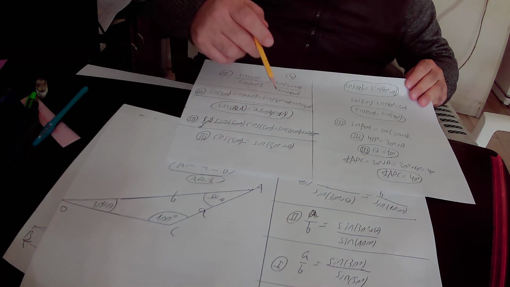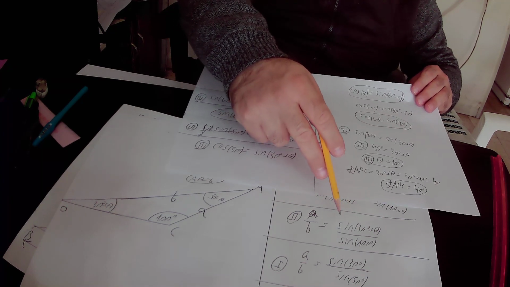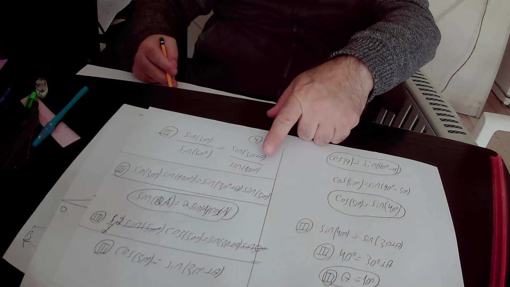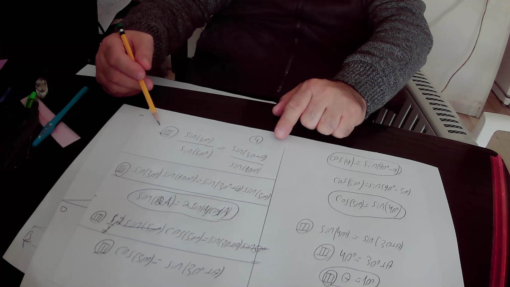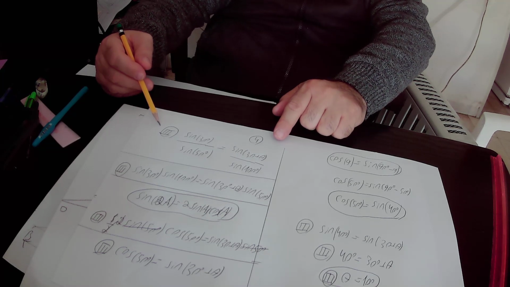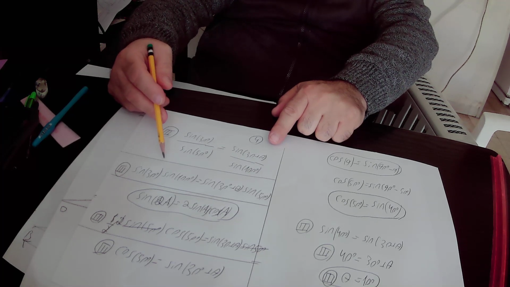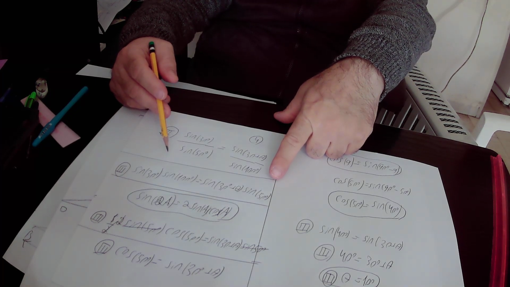And A over B according to equation number 2 is sine (30 degrees plus theta) over sine 100 degrees. Here we cross multiply equation number 3, and we got that sine 30 degrees times sine 100 degrees equals sine (30 degrees plus theta) times sine 50 degrees.